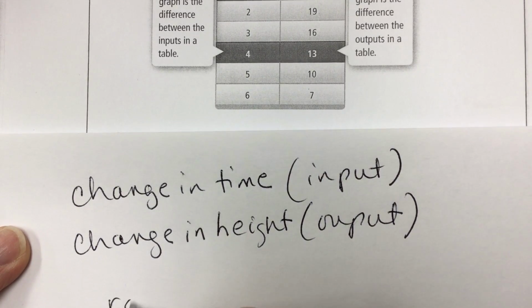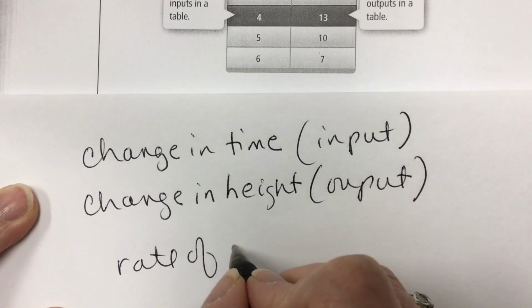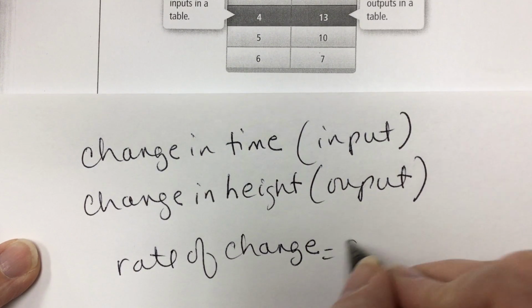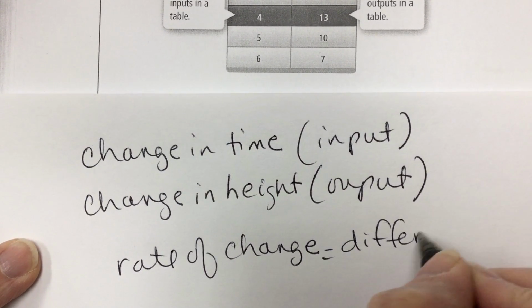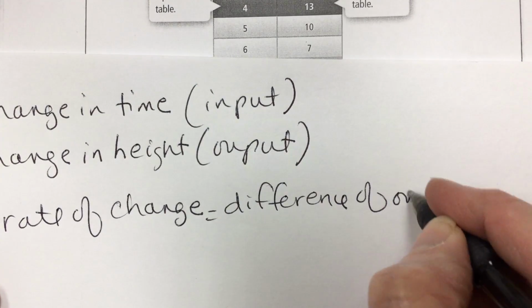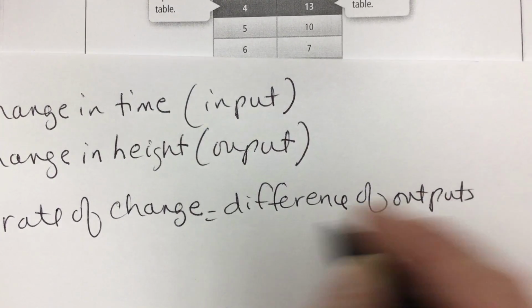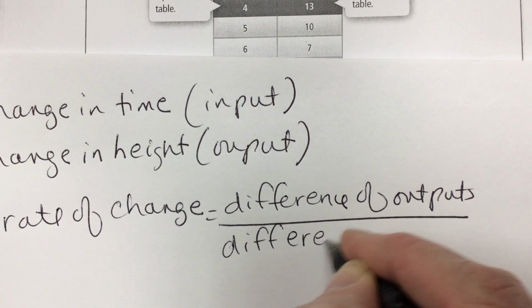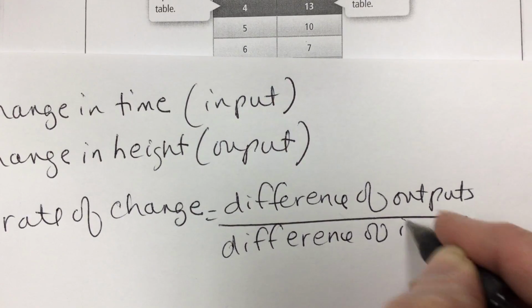Now remember, rate of change is the difference of the outputs divided by the difference of the inputs.